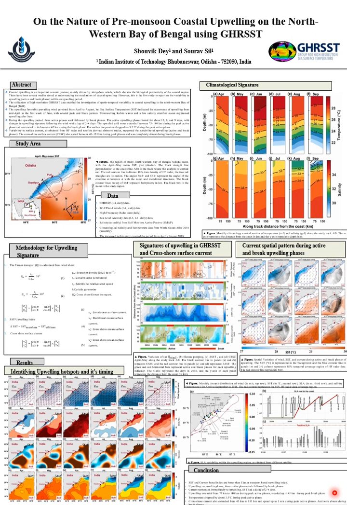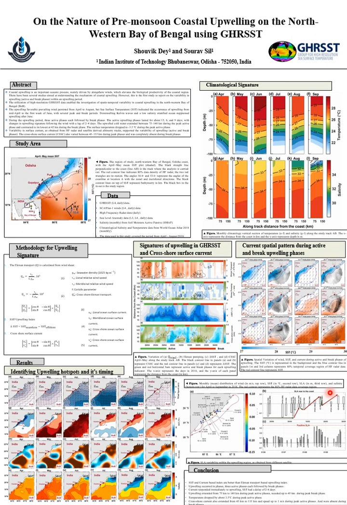The third row is the SST-based upwelling index. In this figure, the three active upwelling phases, each followed by break phases, are easily visible. The active and break phases are differentiated based on increase and decrease in the horizontal extent of the upwelling index. The fourth panel is the cross-shore surface current.